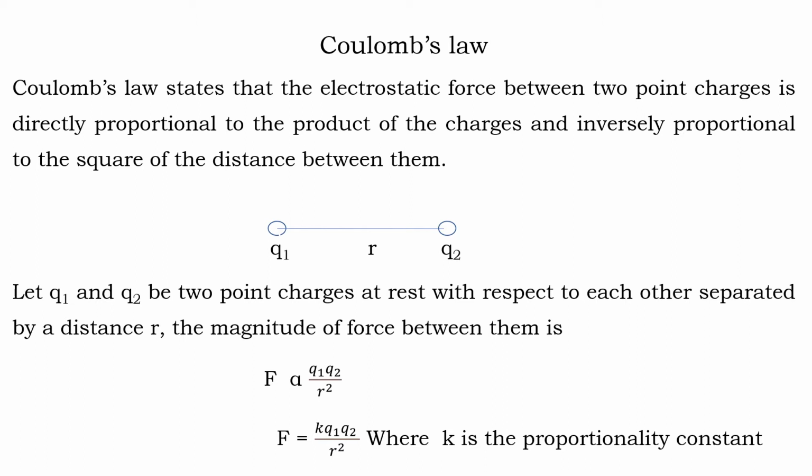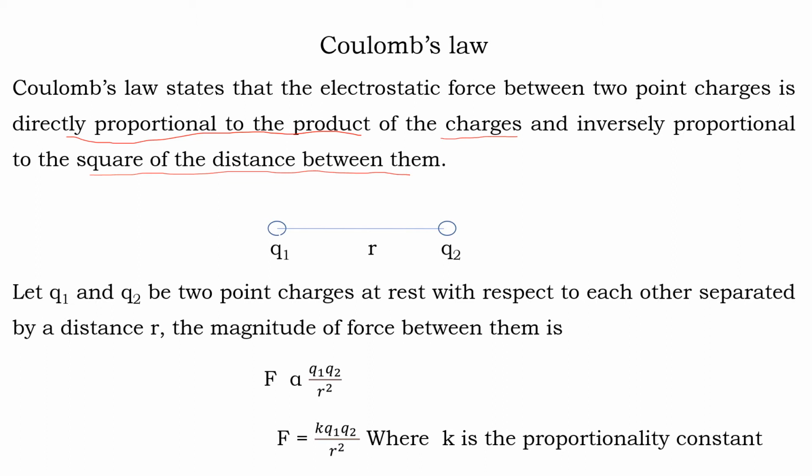Coulomb's law states that the electrostatic force between two point charges is directly proportional to the product of the charges and inversely proportional to the square of the distance between them. Let Q1 and Q2 be two point charges which are at rest, and these two charges are separated by a distance r.